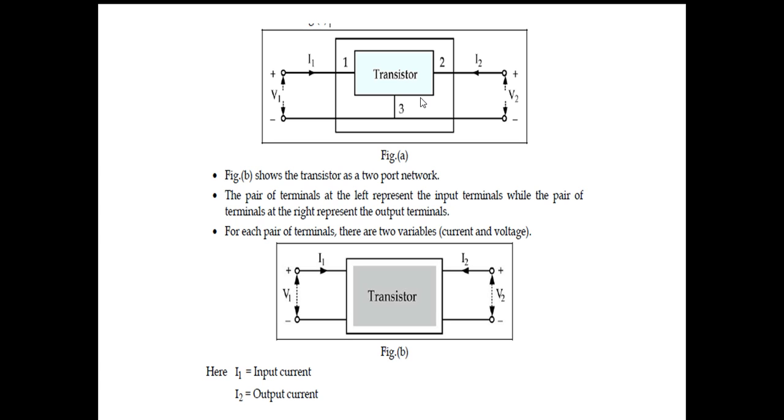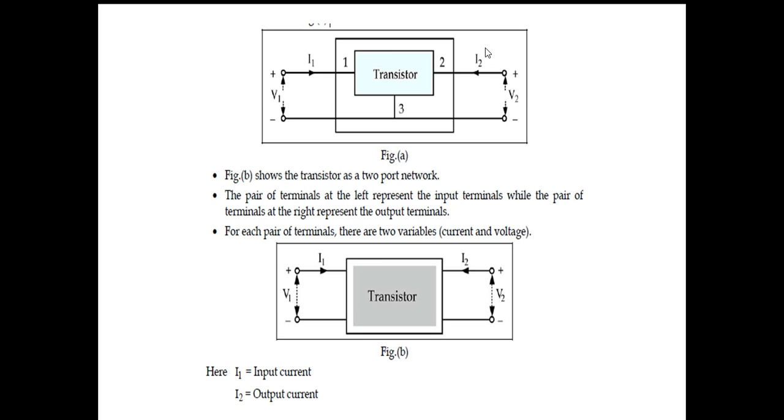Now at the output side, the second and third are both considered output terminals. From these two, the third terminal is taken as common or ground. Therefore, the output should be measured across the second and third.